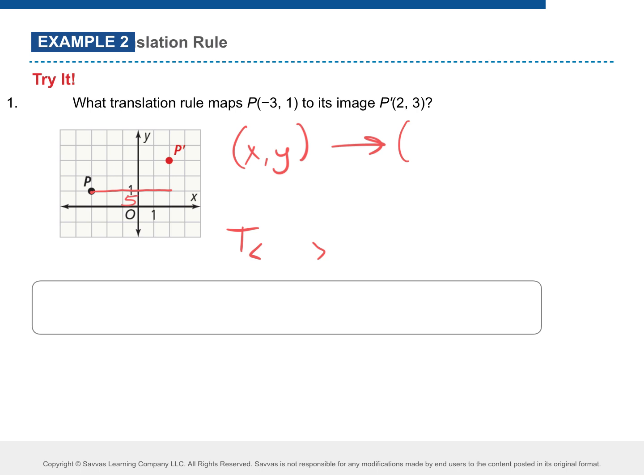So if I went right 5, how can I write that? X plus 5, yep. And then do I go up or down next? Up, how many? 2. How do I write that? Y plus 2. When I put it in this form, what are my X and Y numbers? 5 and 2. Yep. If this was a minus 5, what would I put here? Negative 5. Yep.